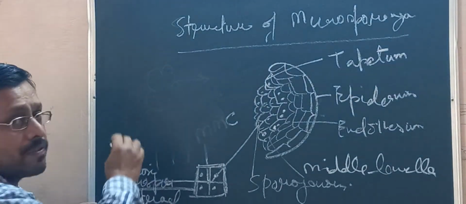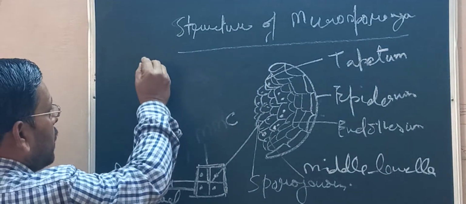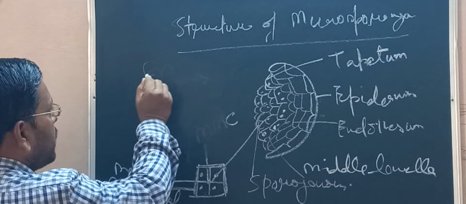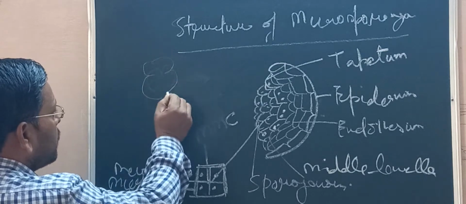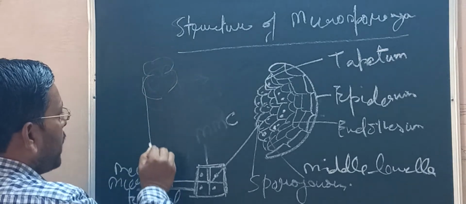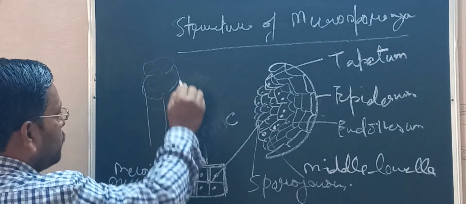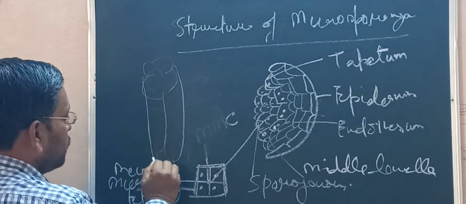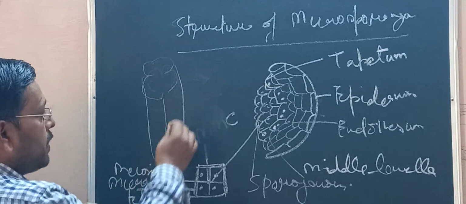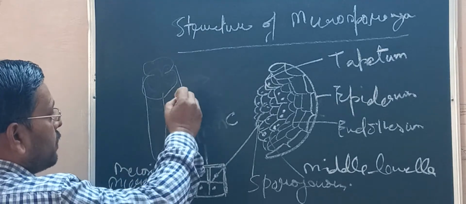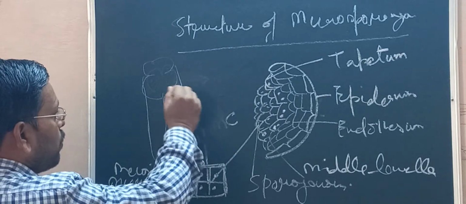When we see the anther in its TS, it is now a bag-like structure, and it has the microspore tetrads.